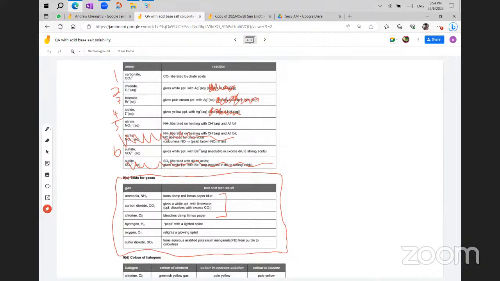How do you identify sulfate? By letting it hold hand with barium 2 plus.